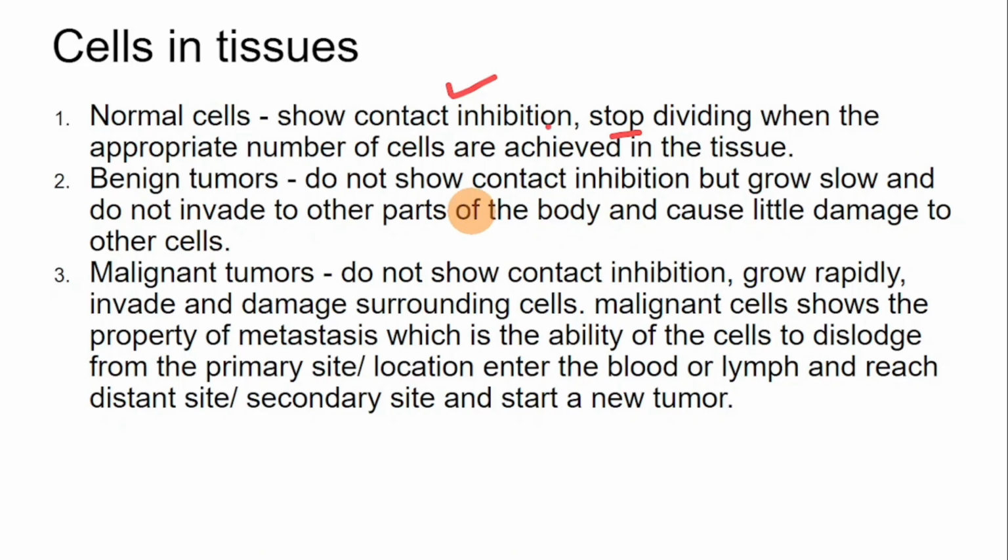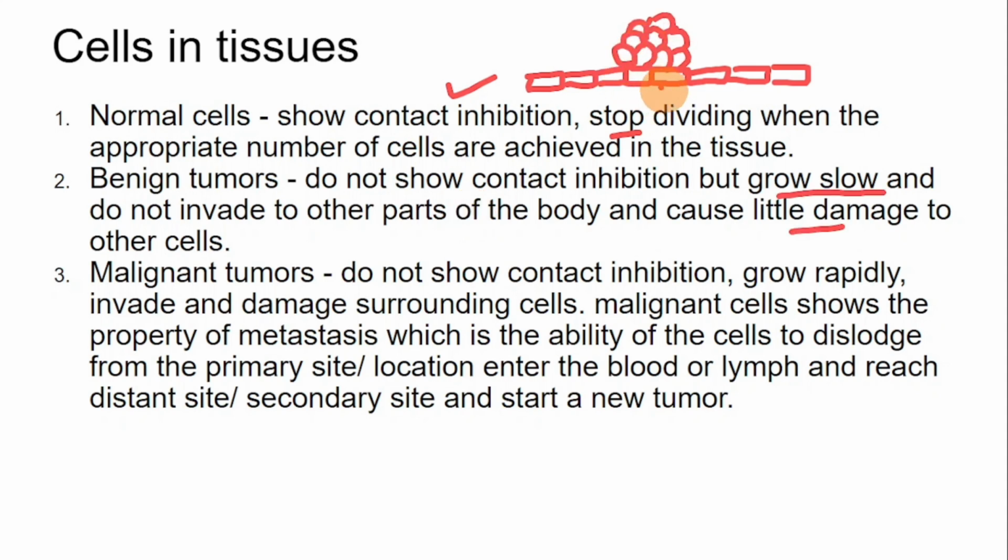So if this is the layer of cells, and due to injury these cells are lost, new cells will divide and fill the gap. But in case of tumors, both benign and malignant, there will be overgrowth in this area because of loss of control over cell division.